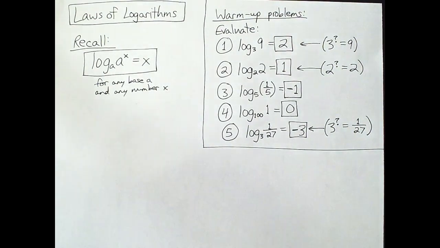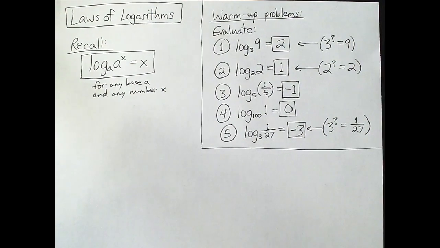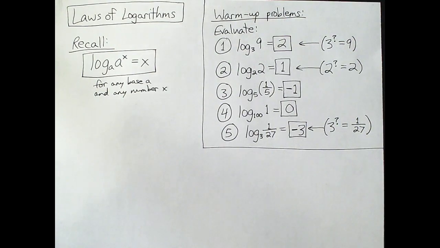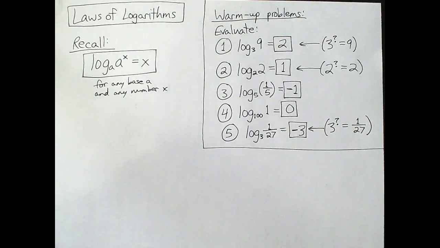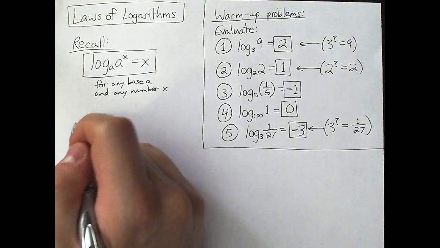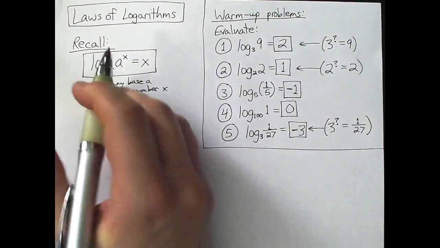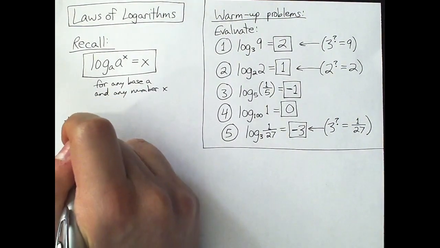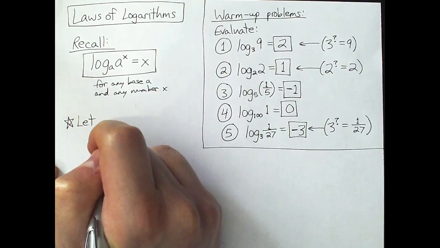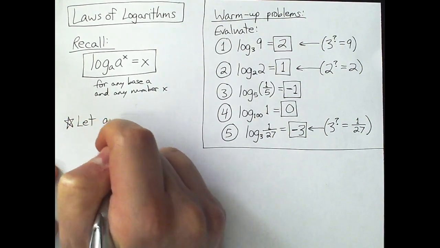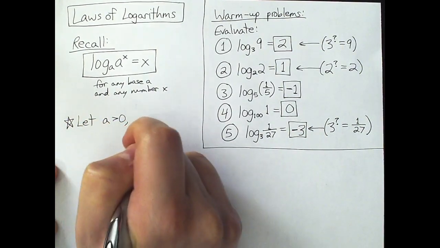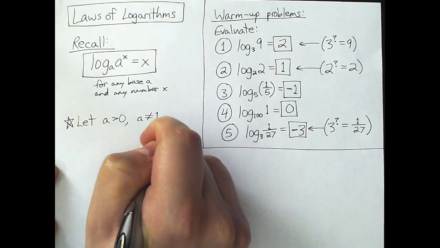The reason I'm writing this again is because we're going to use this to help derive some additional properties, and we are going to derive them, or in other words, prove them. 3 big laws about logarithms. So for the discussion that follows, we need a few letters. We're going to start by saying let a be greater than 0, a is not equal to 1.